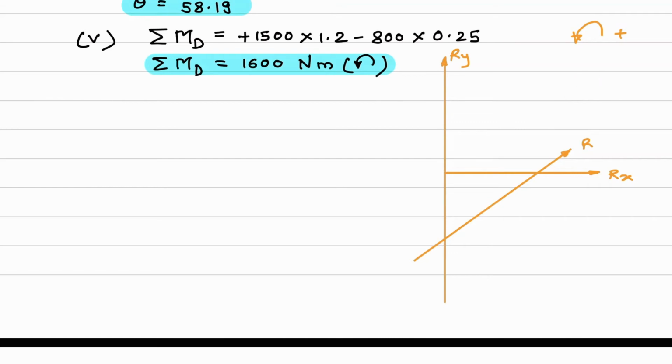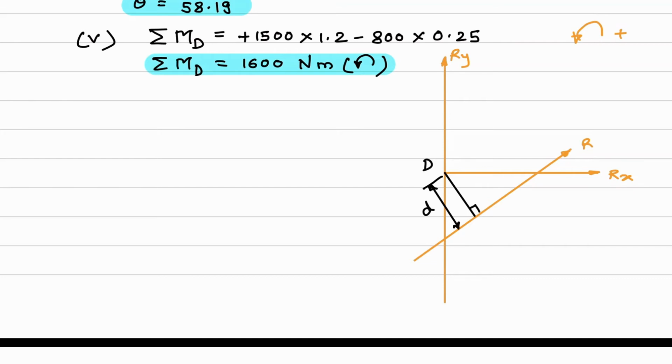Now this is the resultant. We'll define some distances on this resultant. If you draw perpendicular from point D to this resultant, this will be small d, which we calculate from Varignon's theorem.